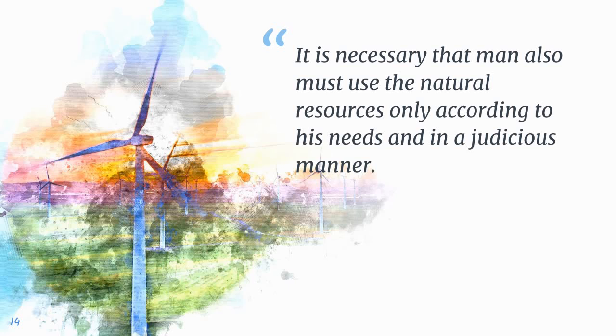Exploitative use means misusing these resources. This began to upset the balance in nature. This means that it is necessary that man must use the natural resources only according to his needs, that is, how much he requires, and not in a greedy way.